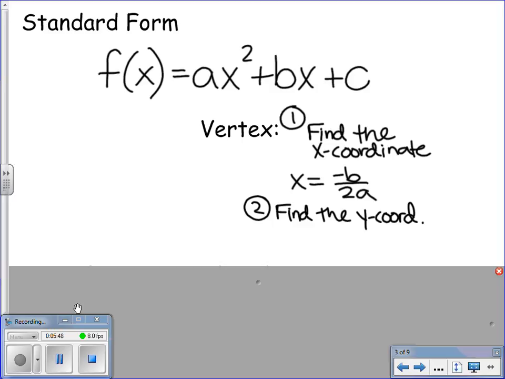Yeah, plug in x. Substitute x for the value, and then figure out what y is. Okay? So we're going to substitute negative b over 2a in for x. Well, remember in this one, f of x is a fancy way to write y. So we're writing it in that function notation, but that is saying y equals.